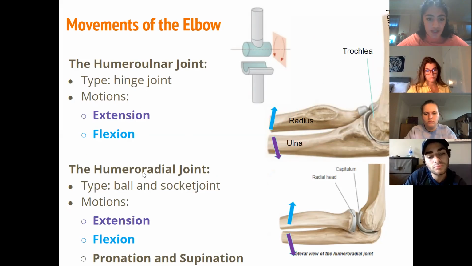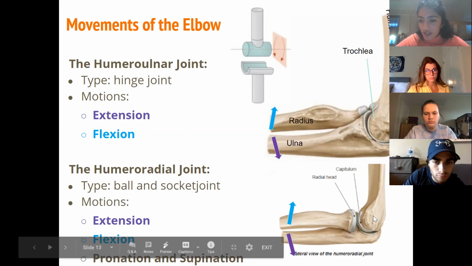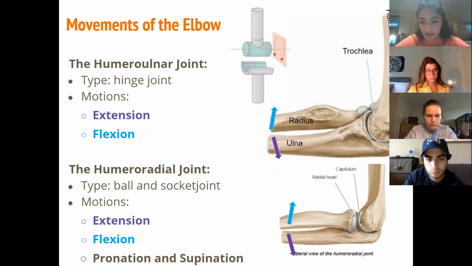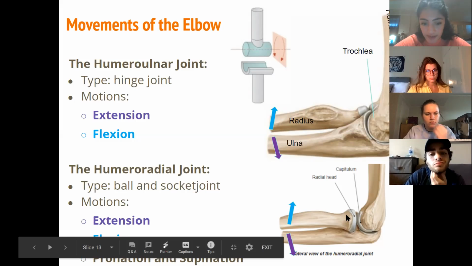Okay, the next one we talk about is the humeroradial joint. The humeroradial joint is a ball and socket. It's a very unique ball and socket, actually. So what types of motion does this ball and socket humeroradial joint produce? Hint, hint on the slide.